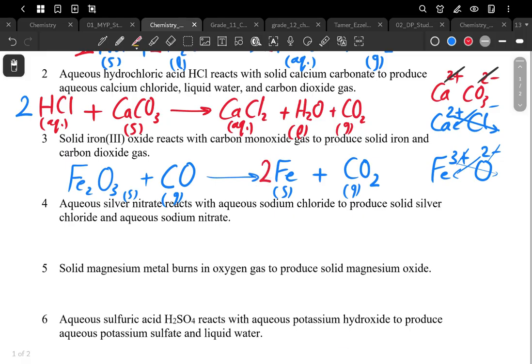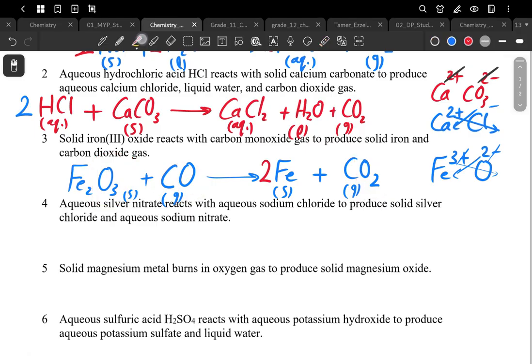So I'm gonna add 2 as a coefficient to just raise the number of iron atoms on the right side to 2 to equal the number of iron atoms on the left side, as it is 2, okay? Now let's balance the carbon. Here we have 1 carbon, the oxygen. How many oxygen atoms do we have here? We have 4 oxygen atoms, and here we have just only 2 oxygen atoms.